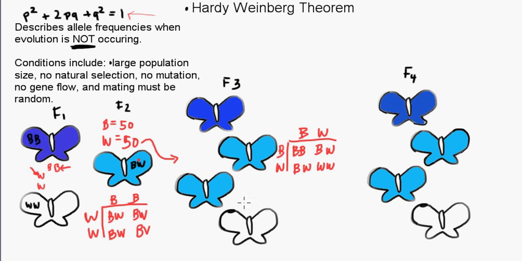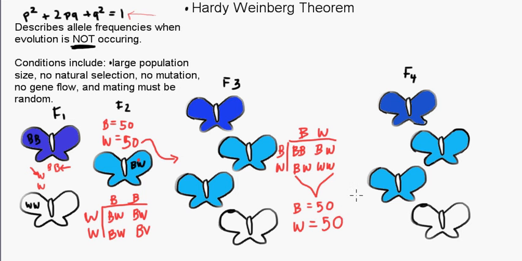But in the same generation, if you look at this Punnett square, you still have 50% allele frequency of B and 50% for white.